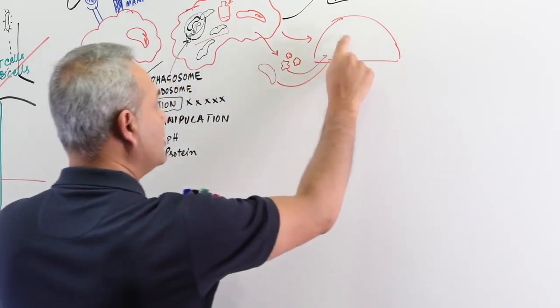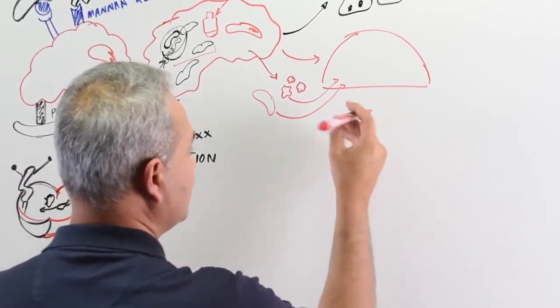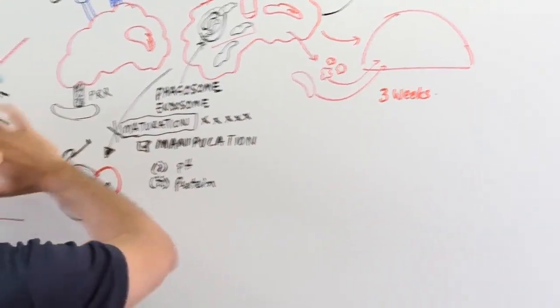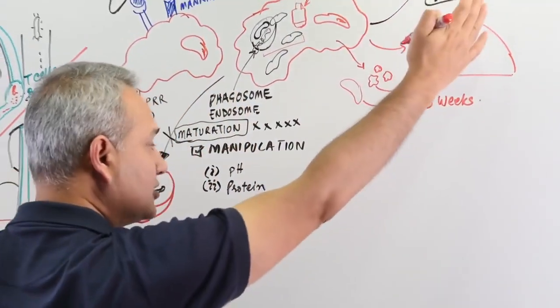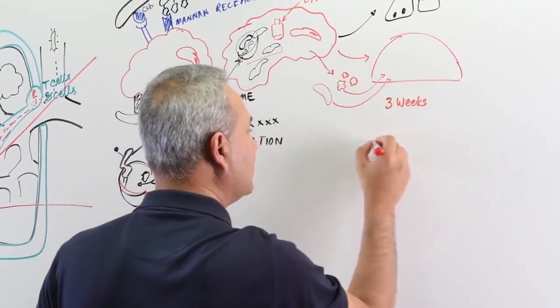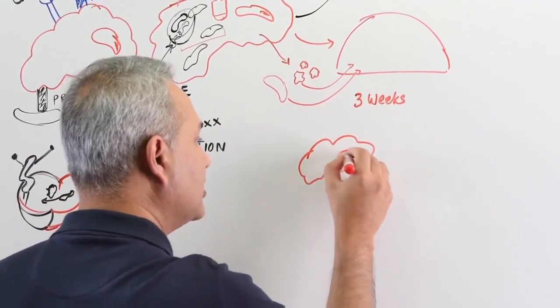Okay, so now the pathogen is here. What will happen in this space is, so this is about 3 weeks now. Initial infection could have resolved and nothing happened. That has not resolved, let's say. So the second part is that 3 weeks in, we have the macrophage presenting. So this is the macrophage.